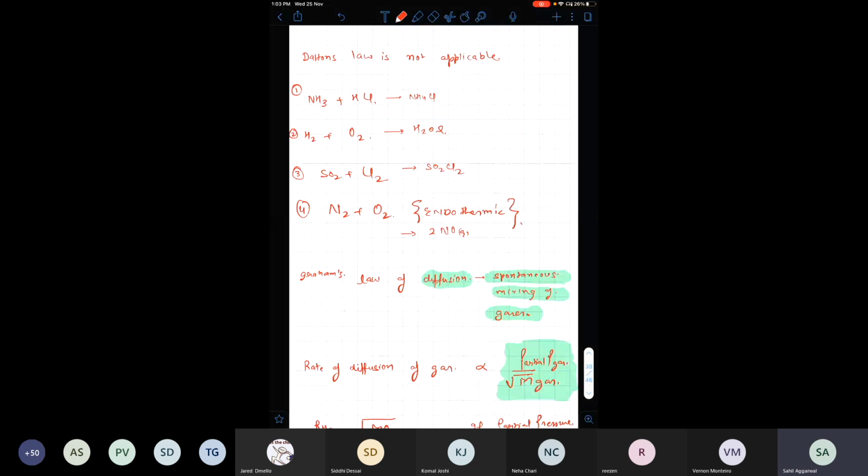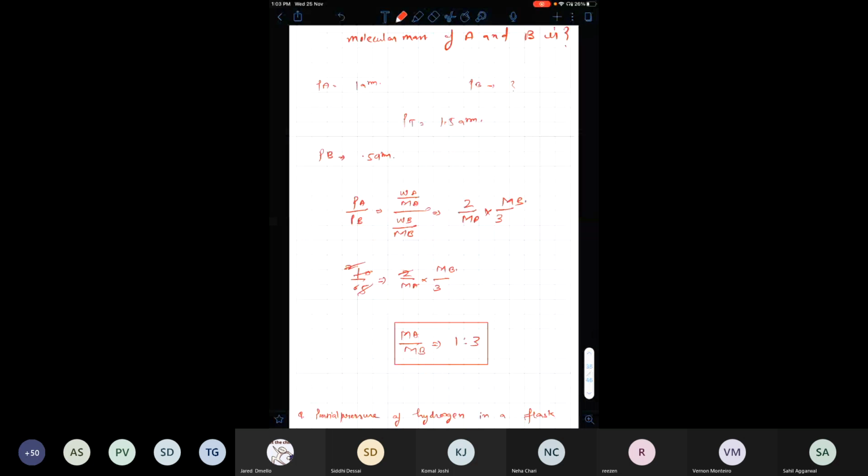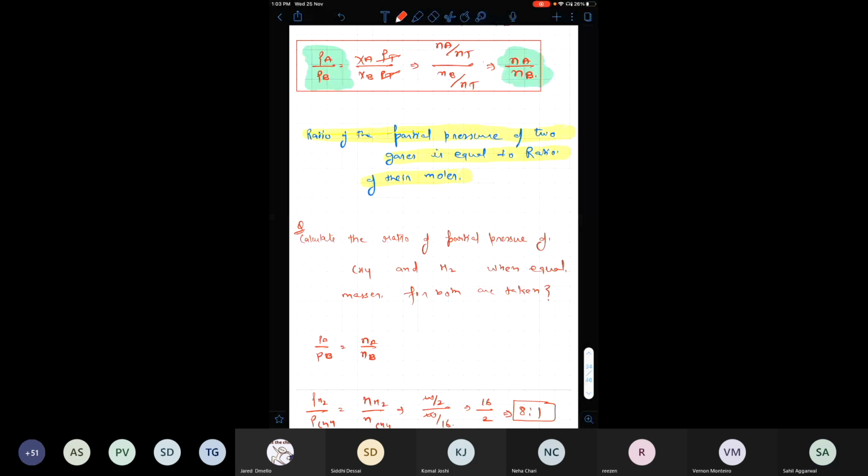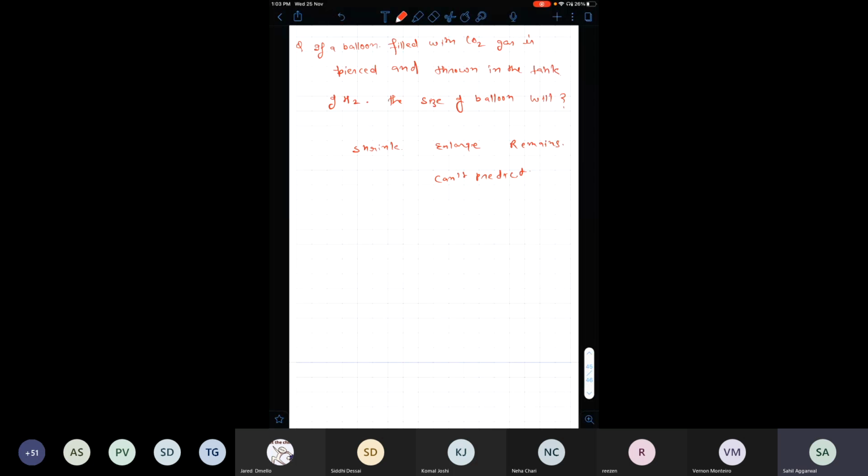This is just mathematics. PA equal to XA into PT. XA is NA by NT. NA by NB. ये मैथमेटिक्स है. लॉ तो ये है कि टोटल प्रेशर जो होगा that will be equal to the sum of the partial pressure of all the gases. What about others?